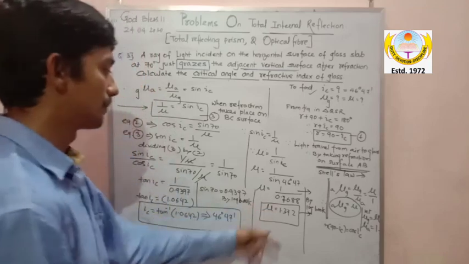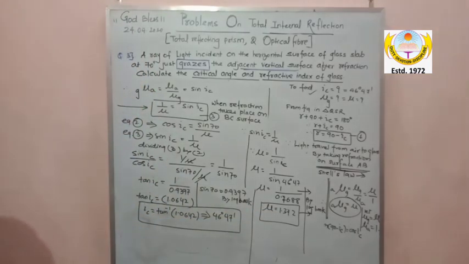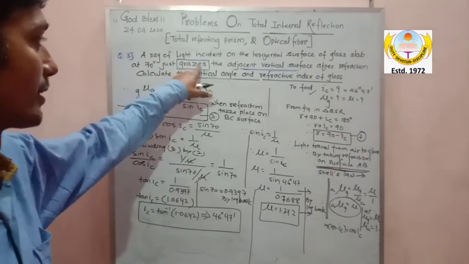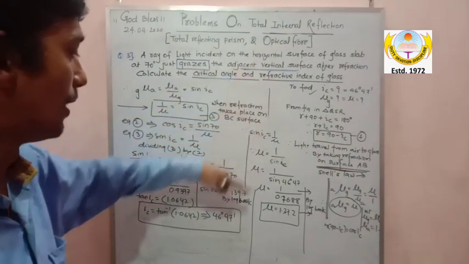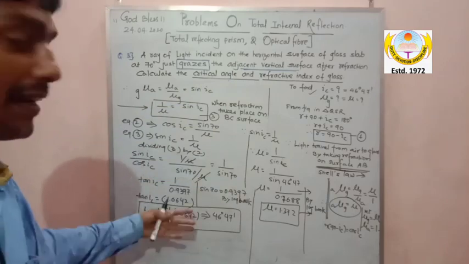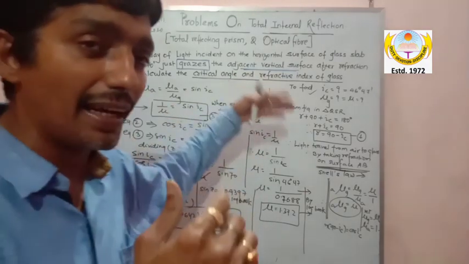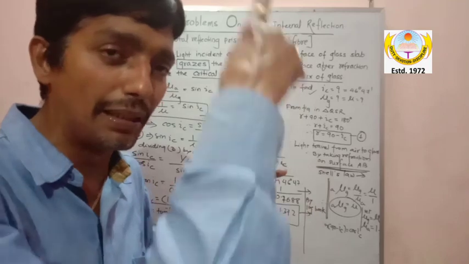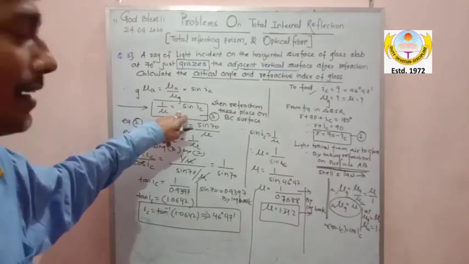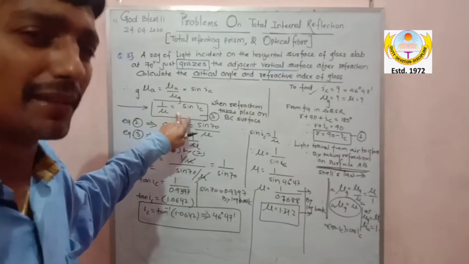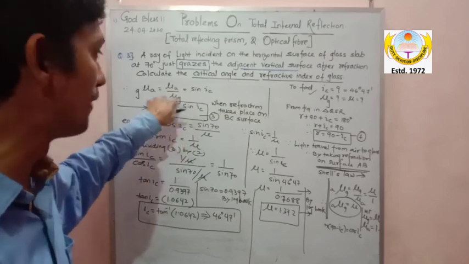So this is all, my dear, from my side on the third sum on the critical angle, which is very important. Please try to understand the sum, the grazing, the vertical and all. And the step which I have done earlier, when refraction takes place at the surface BC, how this formula comes. We already derived this because it is a derived formula.